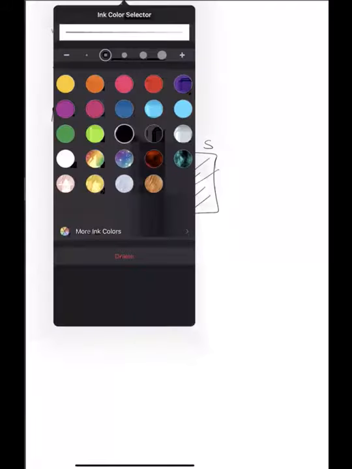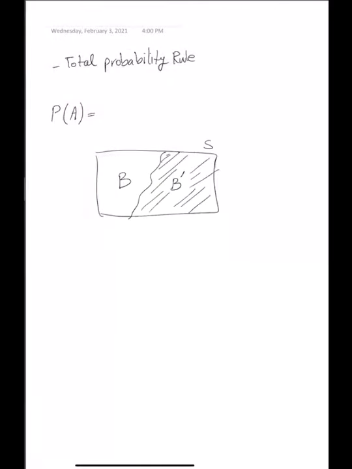Now, let's assume I have an event here, and this is my event A. I want to calculate the probability that A happens. So I can condition the chance of A happening on knowing that either B has happened or B complement has happened.